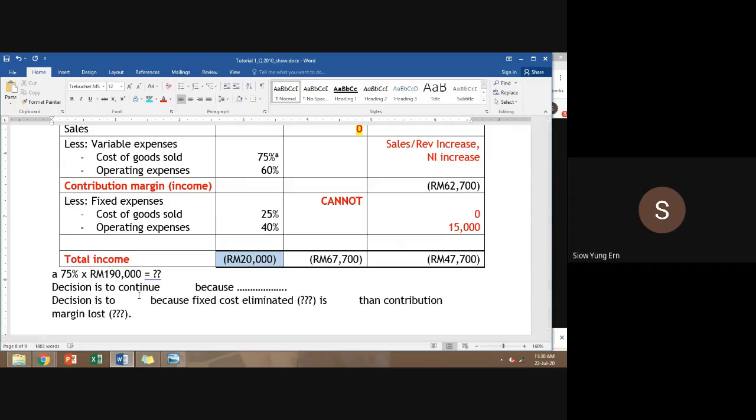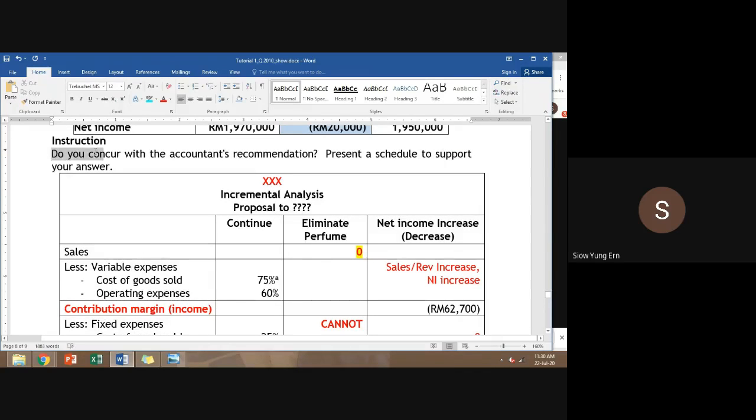I do not concur with the accountant's recommendation. The company should continue operating the perfume division because net income decreased by 47,700. Wenjia's one also correct, Lijia's one also correct.